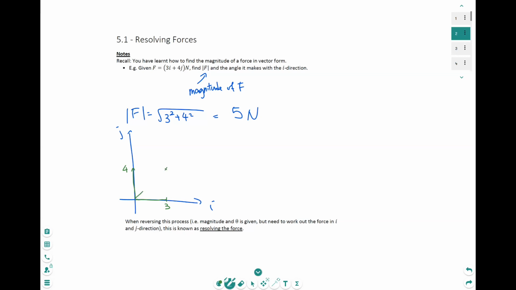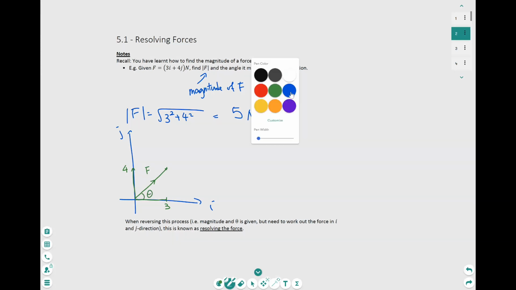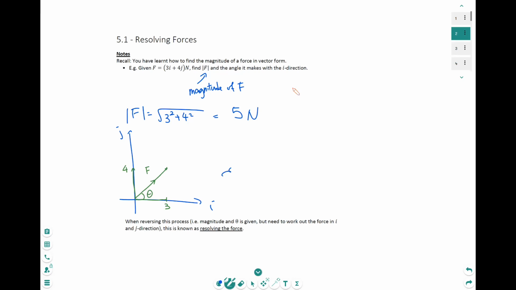Essentially, this is the magnitude of F. Now, we want to work out this angle here with the horizontal i direction. To do the calculation, tan theta equals 4 over 3. If you do inverse tan of 4 over 3, you will get 53.1 degrees. So that's the angle it makes with the i direction.